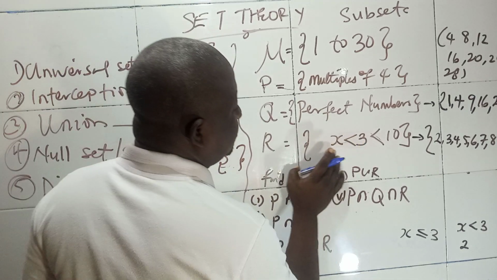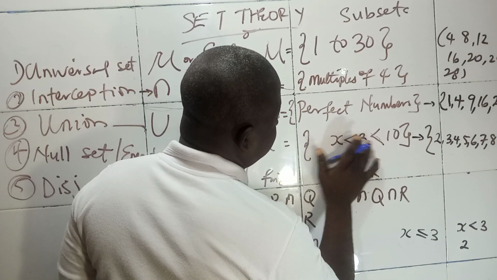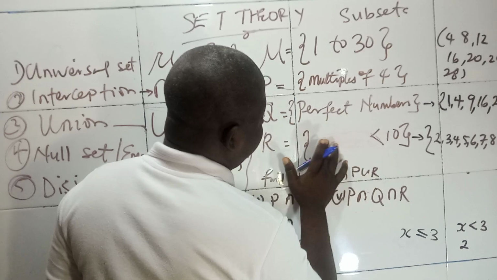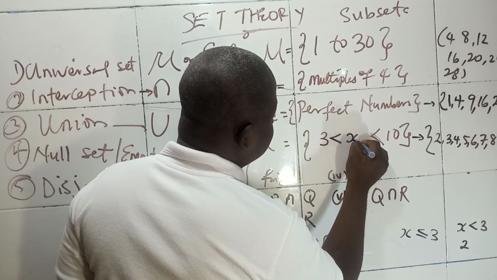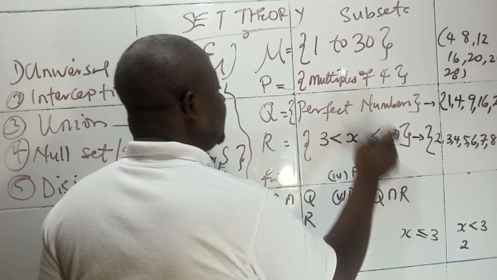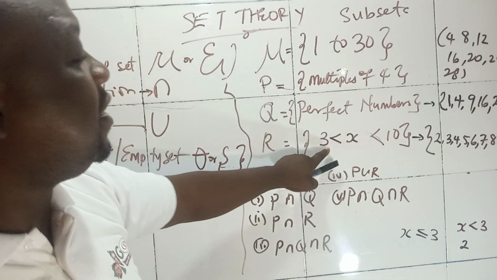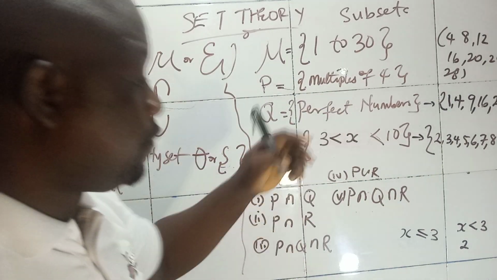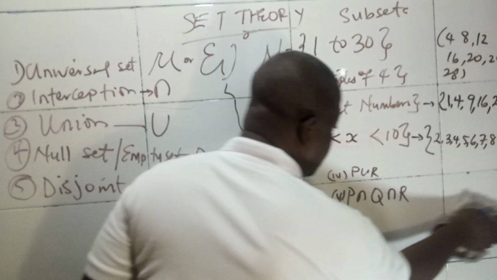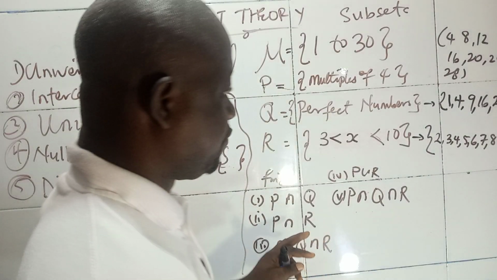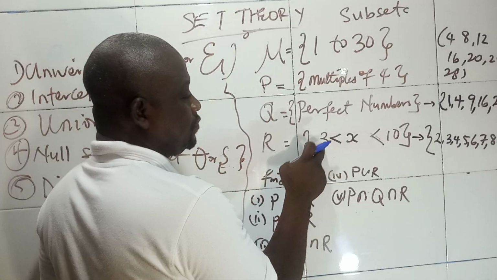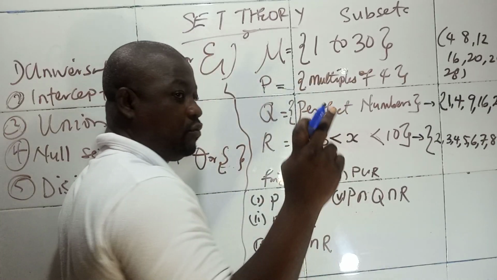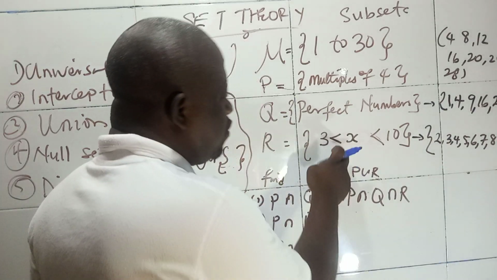The way I should have written this, sorry, is this. So for clarity, I'm very, very sorry. It should be 3 less than x and x less than 10. So if I say 3 less than x, from what I've explained now, it means that the first value of x is going to be 4.